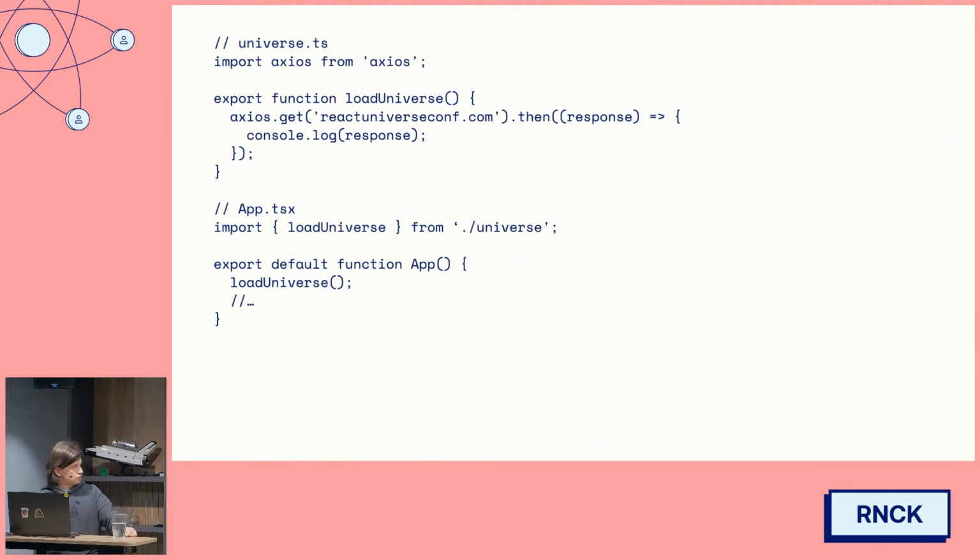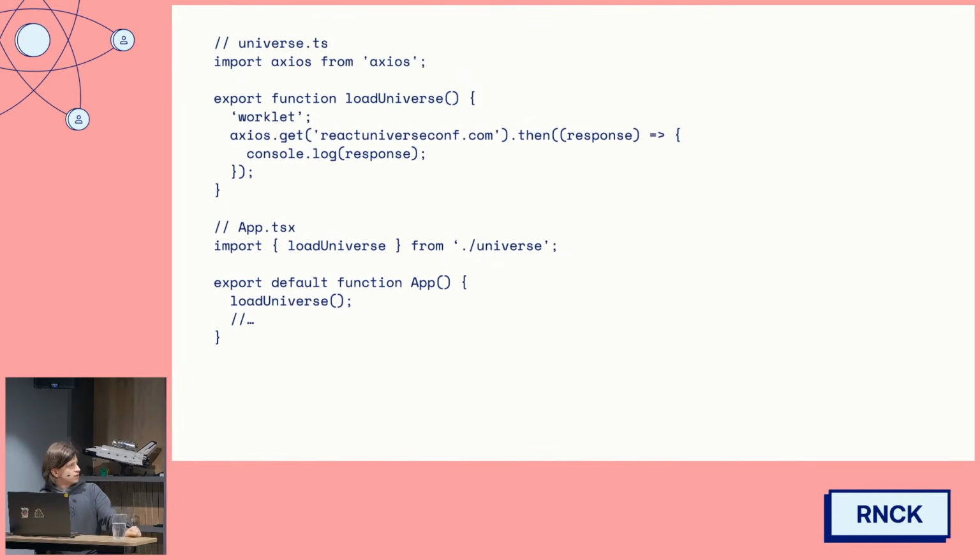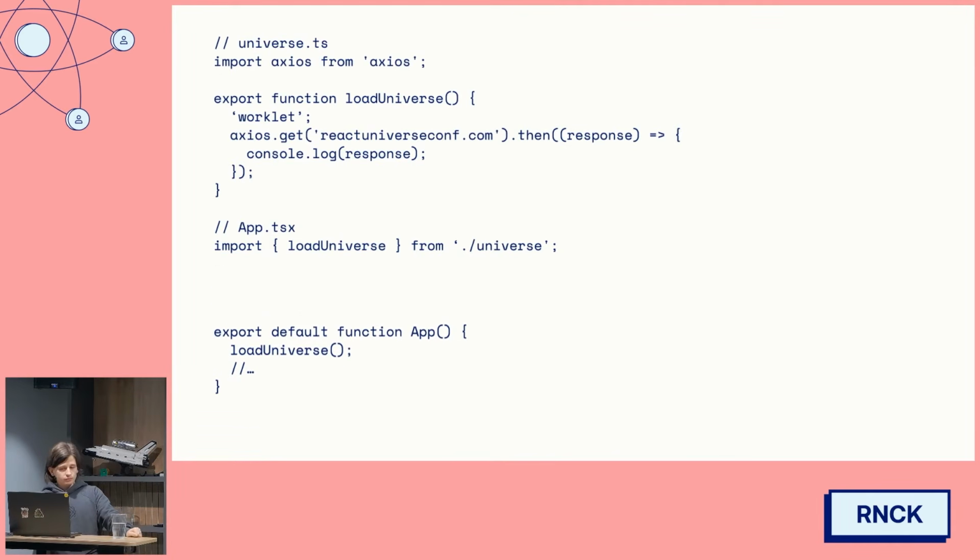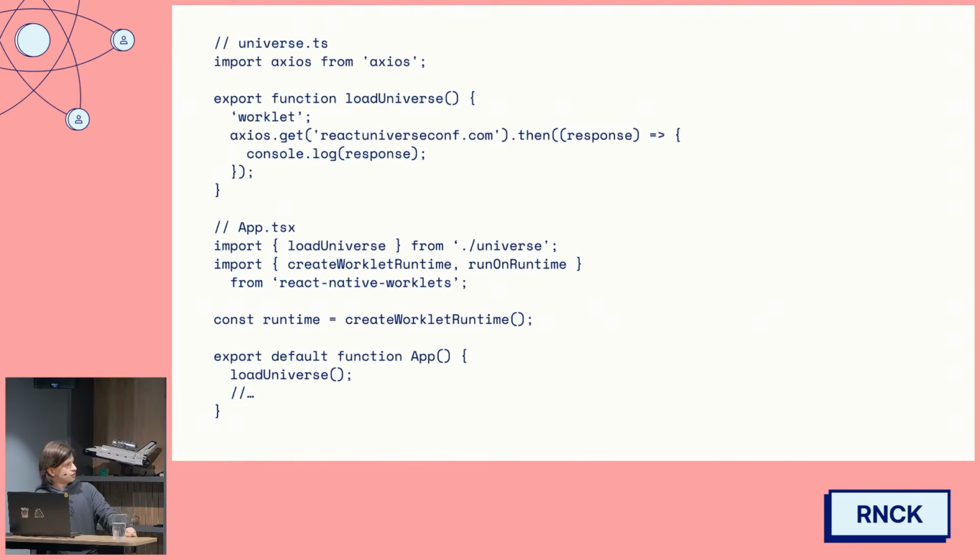And what we want to do is offload this request of load_universe to another runtime. So we add a worklet directive, add an import of createWorkletRuntime and runOnRuntime from React Native Worklets, create that runtime, and finally run load_universe on that runtime.